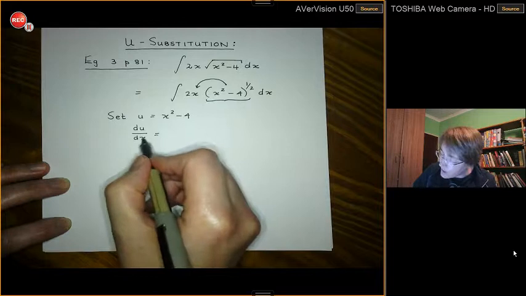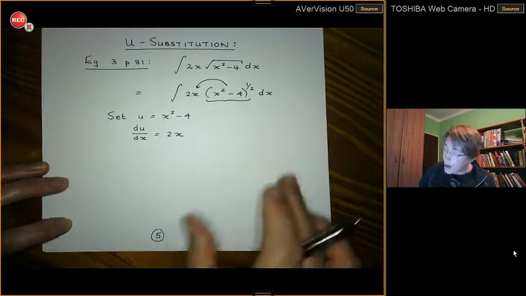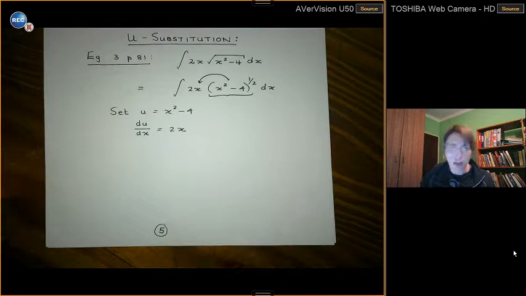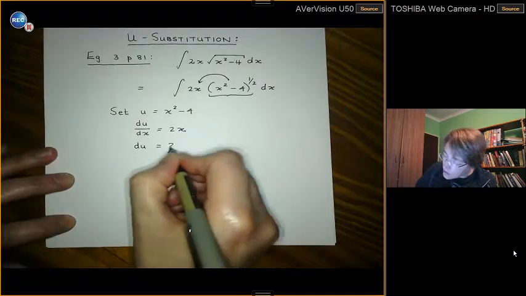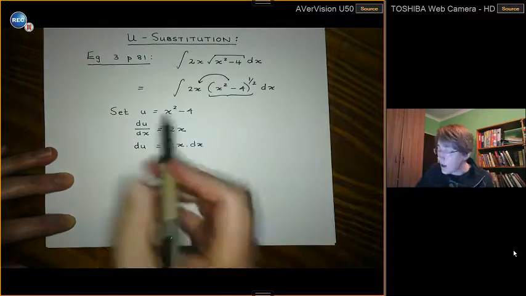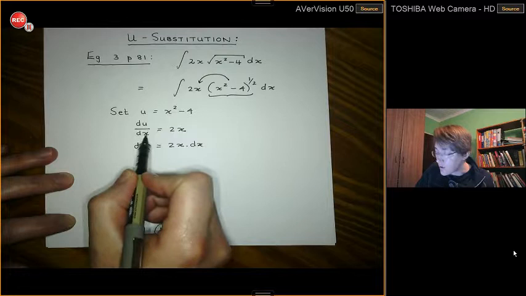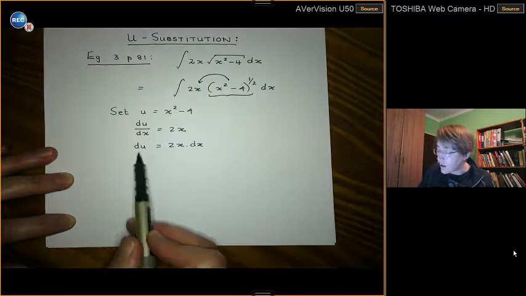So if I find the derivative of the inside function, I get 2x. Okay. Now, something slightly strange that they do is they say that that means du is then equal to 2x times dx. And you are perfectly allowed to do that because dx represents the difference in x. So you are allowed to multiply both sides by the difference of x.